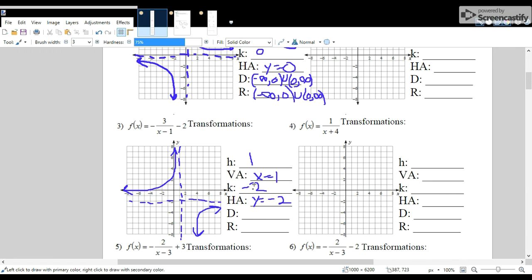For the domain, it's going to be from negative infinity to 1 and 1 to infinity. And our range is negative infinity to negative 2 and negative 2 to infinity.